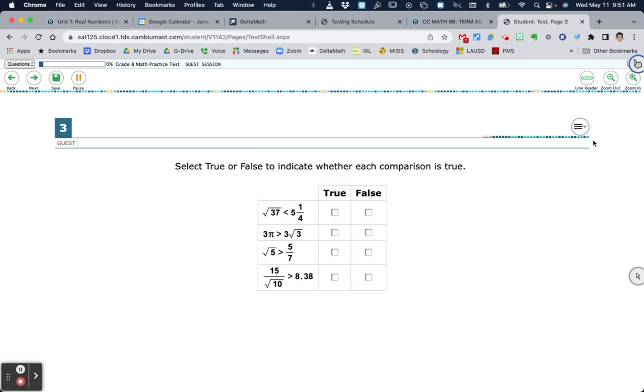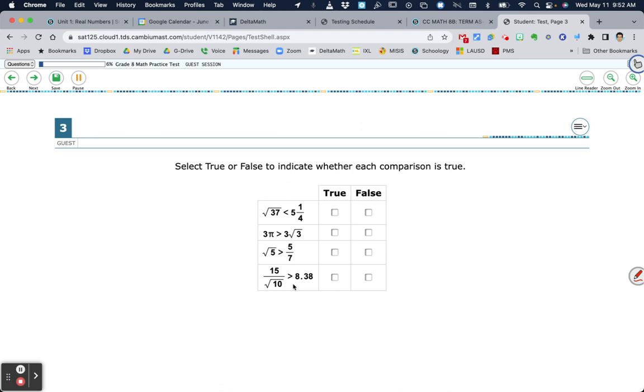Okay, I'm hoping we get a calculator here. No calculator. Okay, so we're either selecting that these comparisons are true or false. So we have to use our knowledge of irrational numbers. We got to estimate basically some square roots, like the square root of 37.